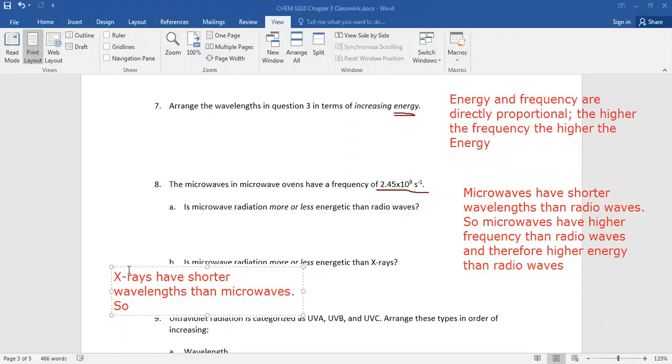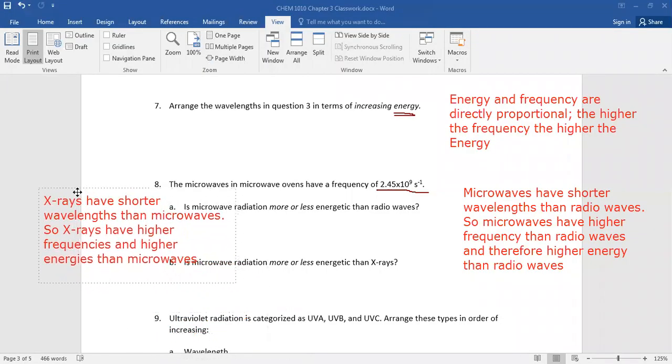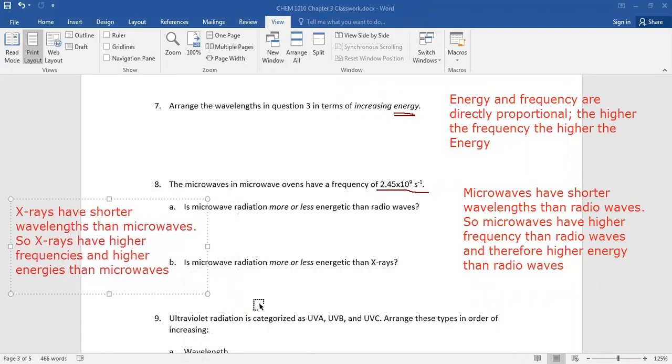So X-rays have higher frequencies and higher energies than microwaves. So is microwave radiation more or less energetic than X-rays? Microwave radiation is less energetic than X-rays.